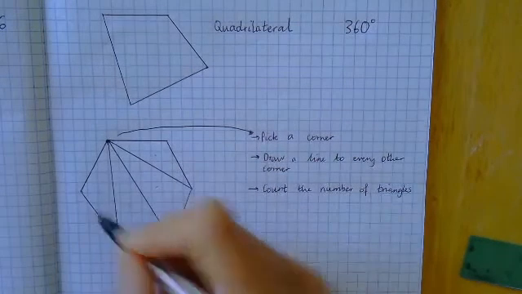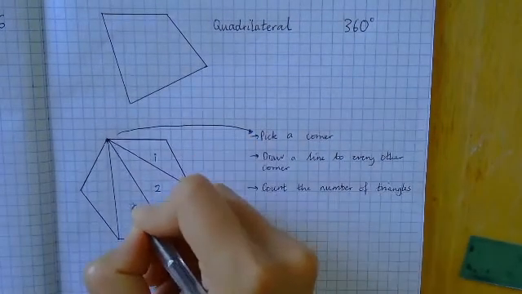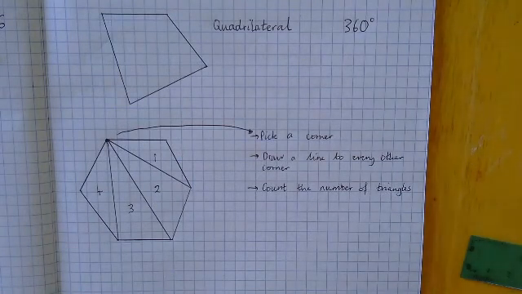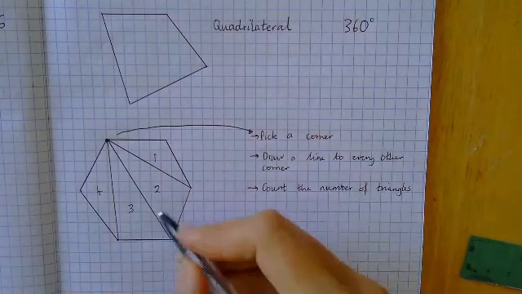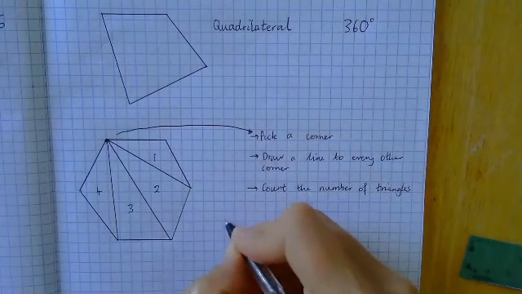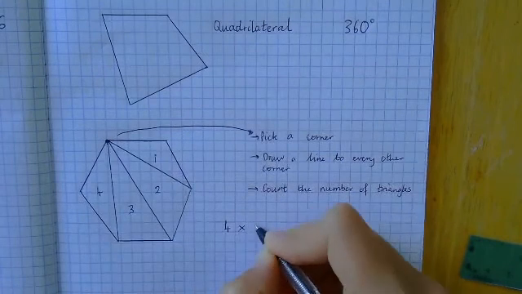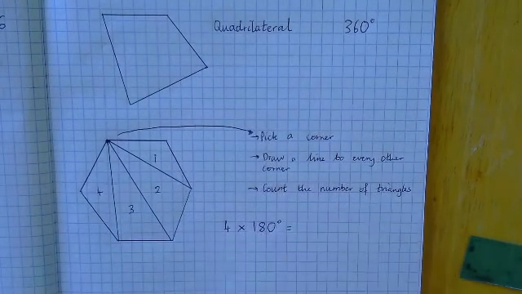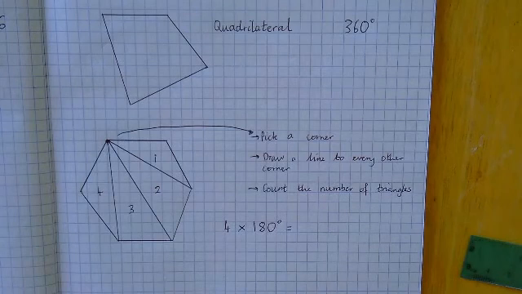Okay, so how many have we got? We've got 1, 2, 3, 4. So we've got 4 triangles. And we know that in every triangle, there's 180 degrees. So we've got 4 triangles, and in every triangle, there's 180 degrees.